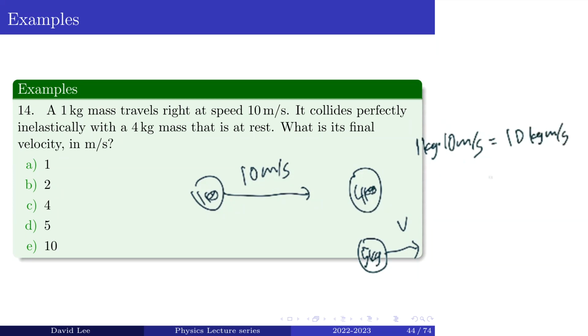And after the collision, the momentum is just 5 kilograms times v. But this has to be equal to the initial momentum by conservation of momentum. So this is 10 kilogram meters per second, which means that v must be equal to 2 meters per second. Okay.